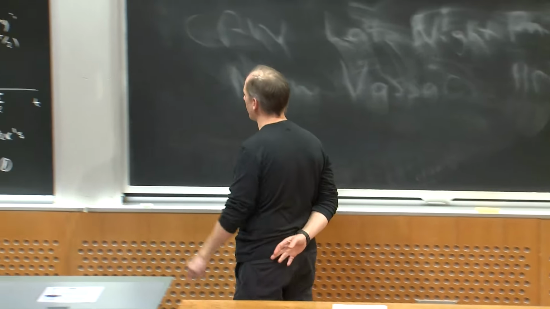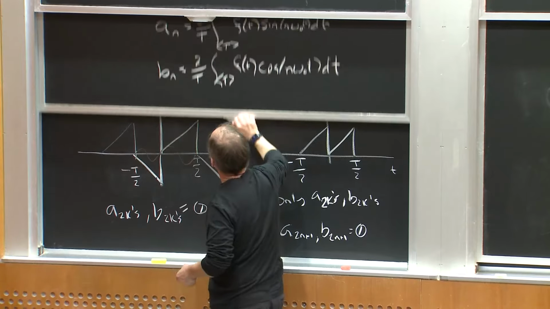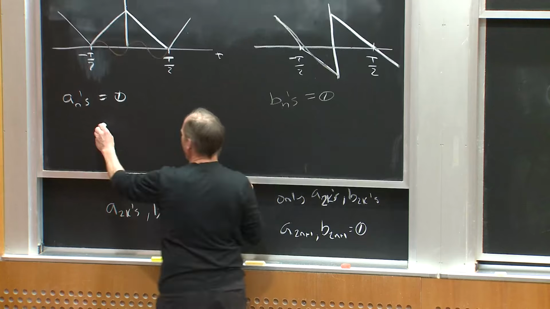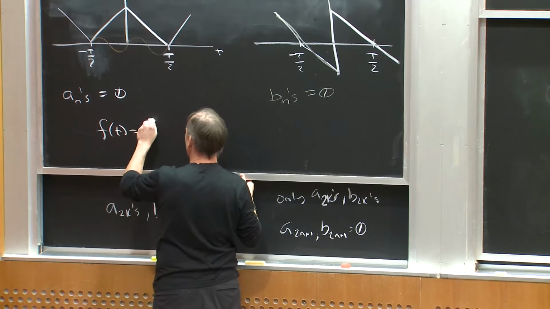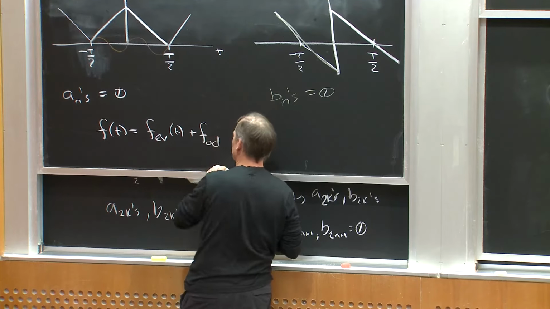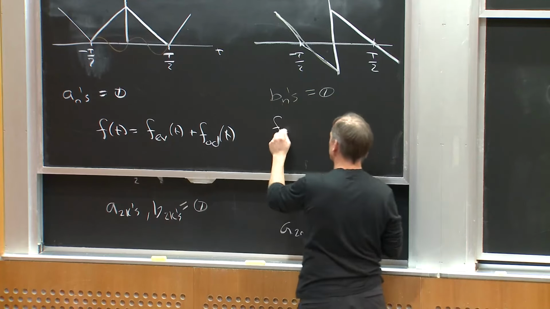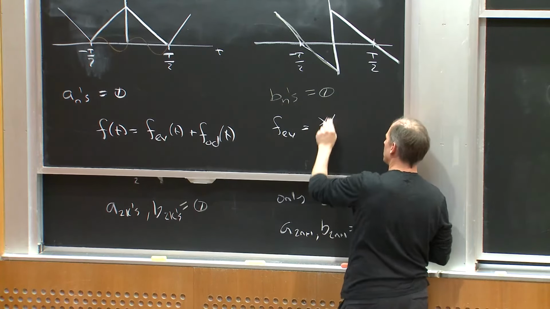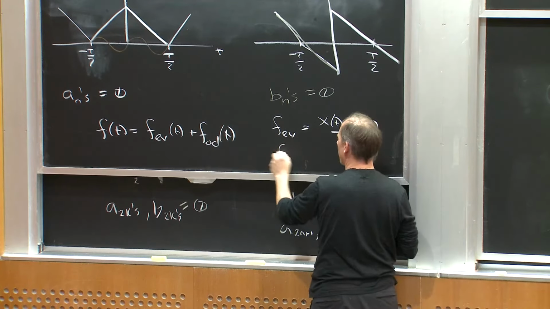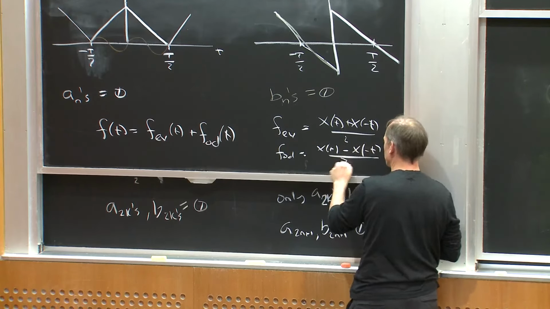I could come up with some waveform f of t, and say that an arbitrary f of t is equal to some even component plus some odd component, and decompose it into different parts, where f even is equal to x of t plus x of minus t over 2, and f odd is equal to x of t minus x of minus t over 2, okay?